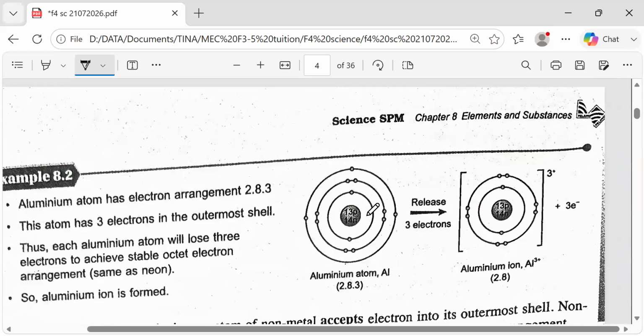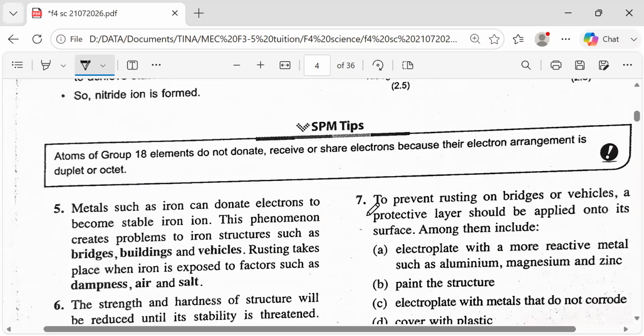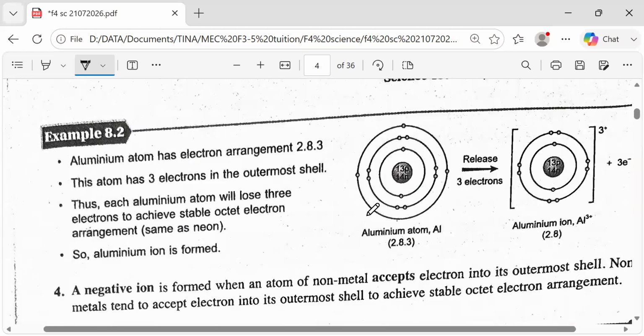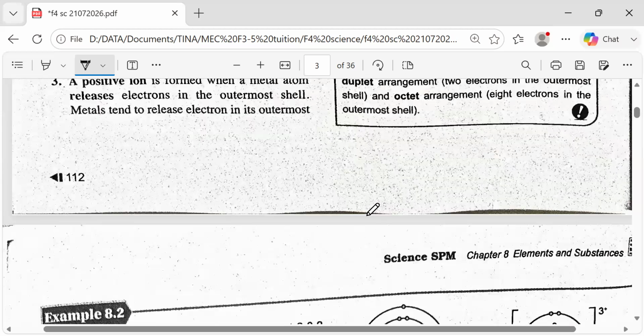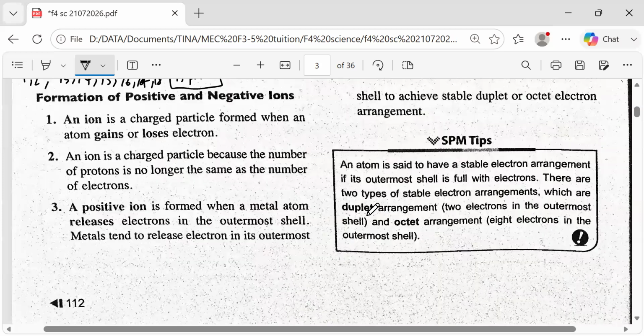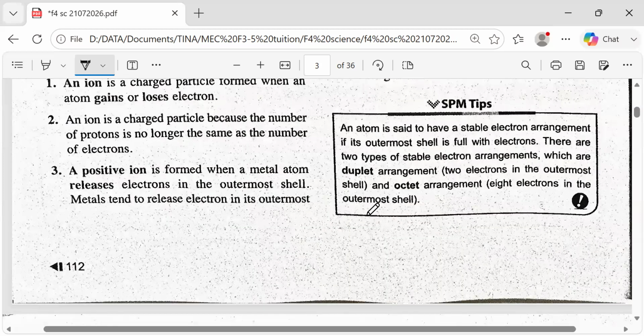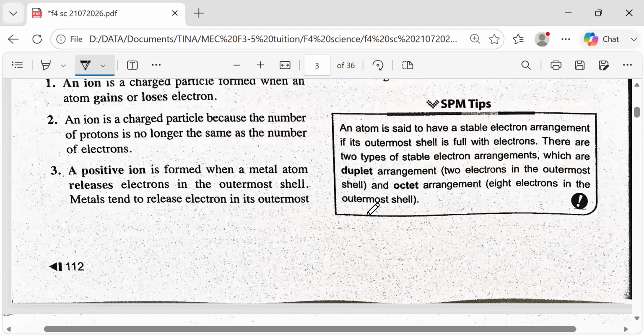All right. Now, okay. This one, right? We did a lot on this, but I think you forgot already. Okay. So group 1, group 2. We just focus on these 3. Group 1, group 2, group 13. Okay.